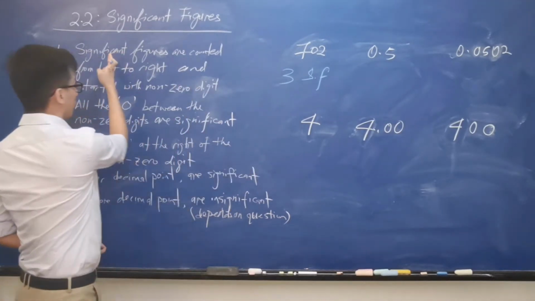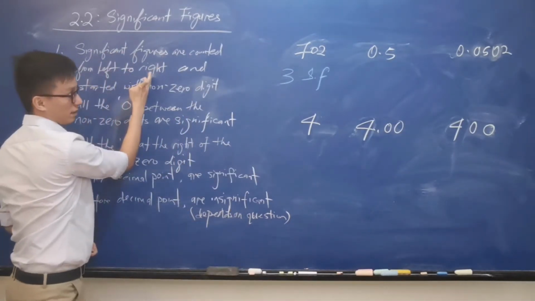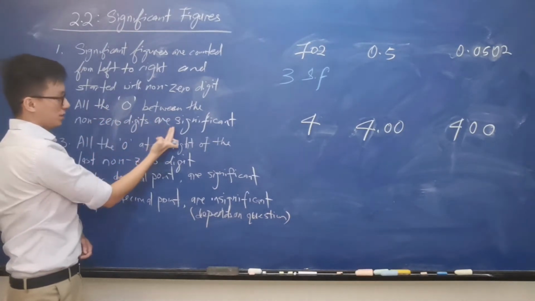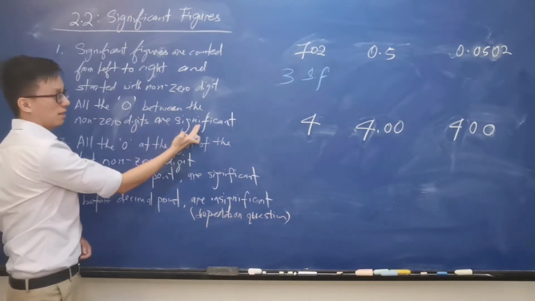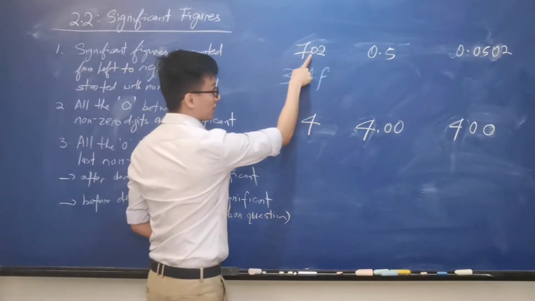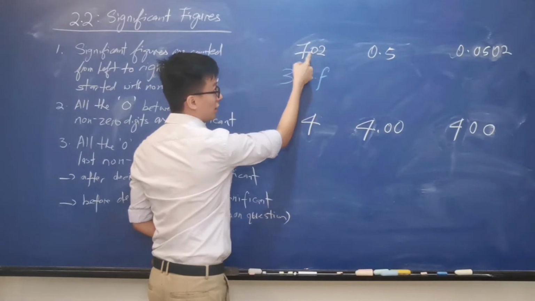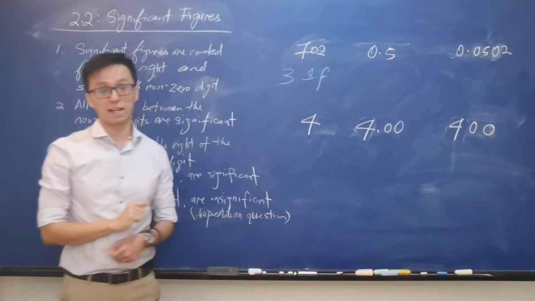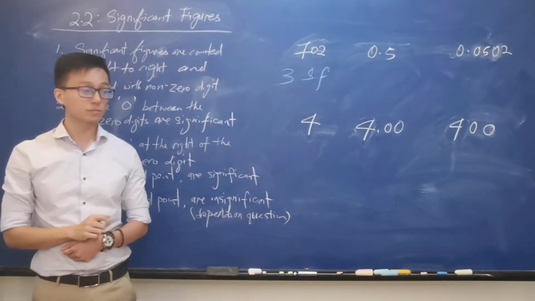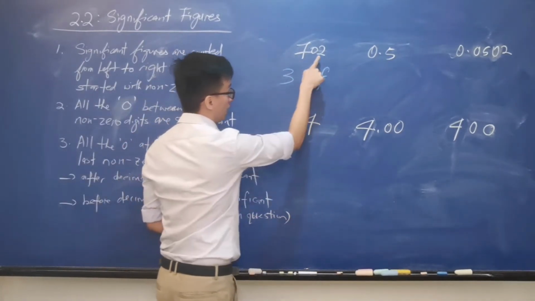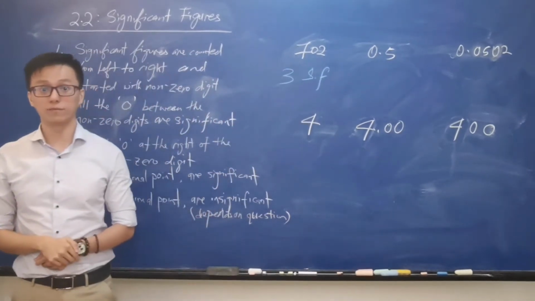We count from left to right, and all the zeros between the non-zero digits are significant. So this zero we consider as a significant figure. So 1 significant figure, 2 significant figures, and 3 significant figures.